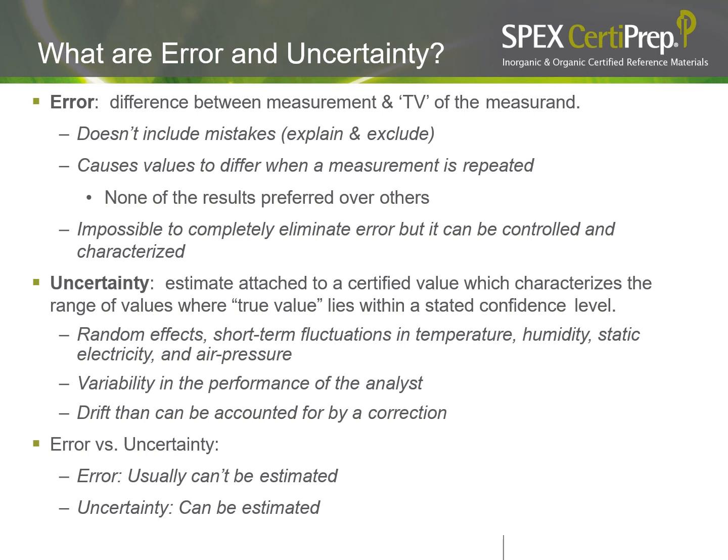It can also be variability in the performance of the analysis, or drift that can be encountered by corrections. So you have to know the difference between error and uncertainty. Error usually can't be estimated, while uncertainty can be estimated.